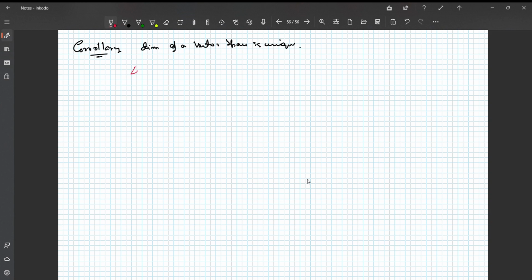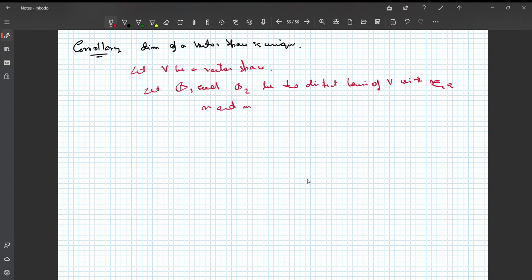Now how do we say so? So the proof is fairly simple. Let V be a vector space. Let B1 and B2 be two distinct bases of V with n and m elements respectively.